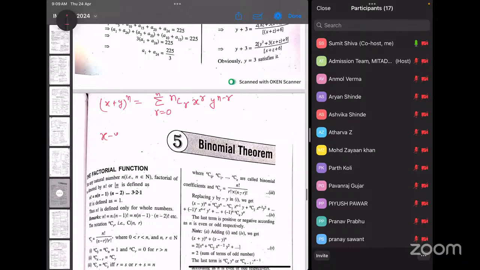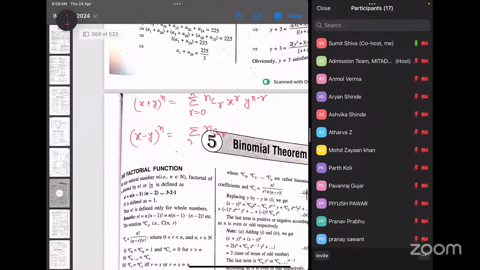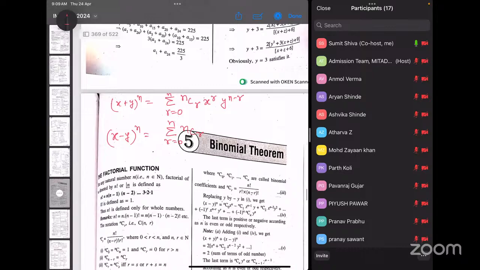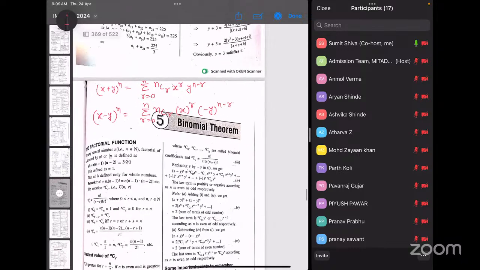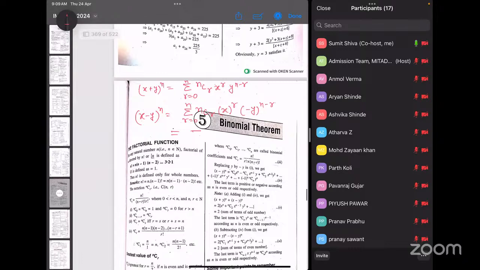What will happen if we have (x minus y) raised to power n? In the case of (x minus y)^n, the binomial expansion will be the same. But we have to be careful about the sign now. It will be r equals 0 to n, nCr x^r times (minus y)^(n minus r). In that case, we can write it as summation r equals 0 to n of (minus 1) raised to power n minus r, nCr x^r y^(n minus r).